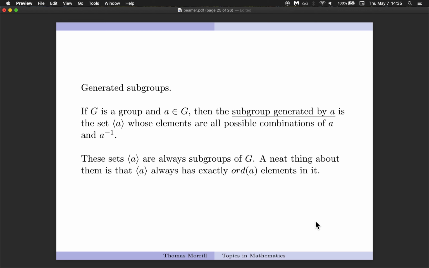A nice thing about these generated subgroups is that the number of elements in them is exactly equal to the order of A. So we've looped around to the beginning of this lecture. So for my integers, if the even integers are generated by the integer 2, there are infinitely many of them because 2 has infinite order in the set of integers.